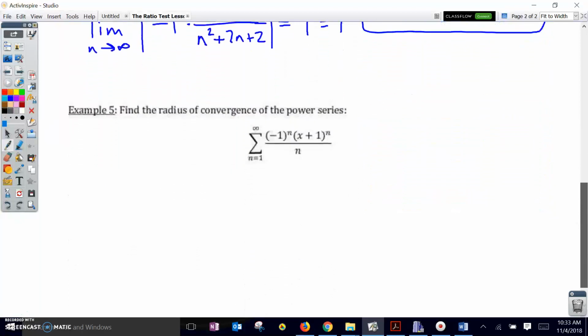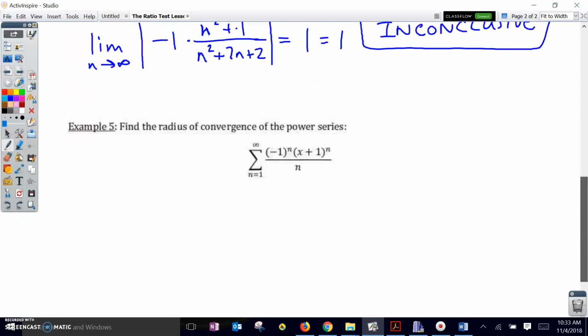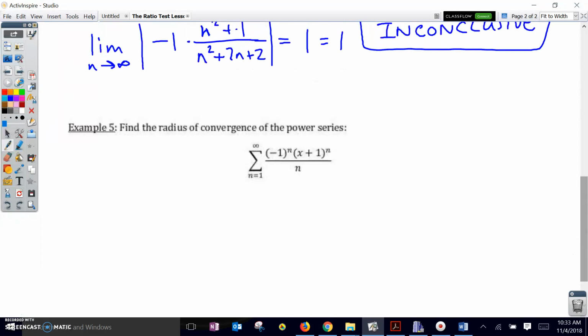All right, example 5. A little bit different from all the other examples we've looked at so far. Find the radius of convergence of the power series. We're going to use the ratio test to do this.